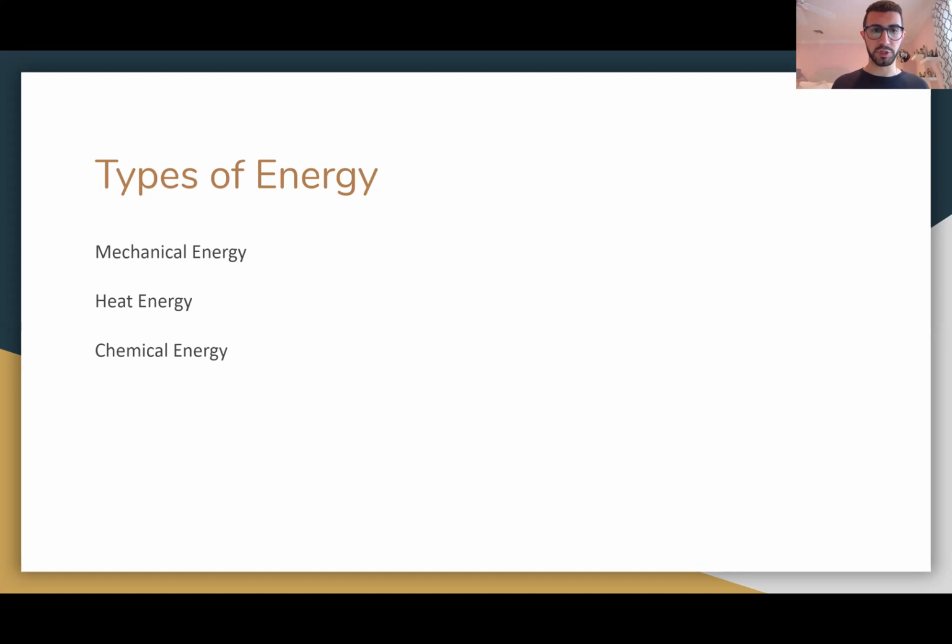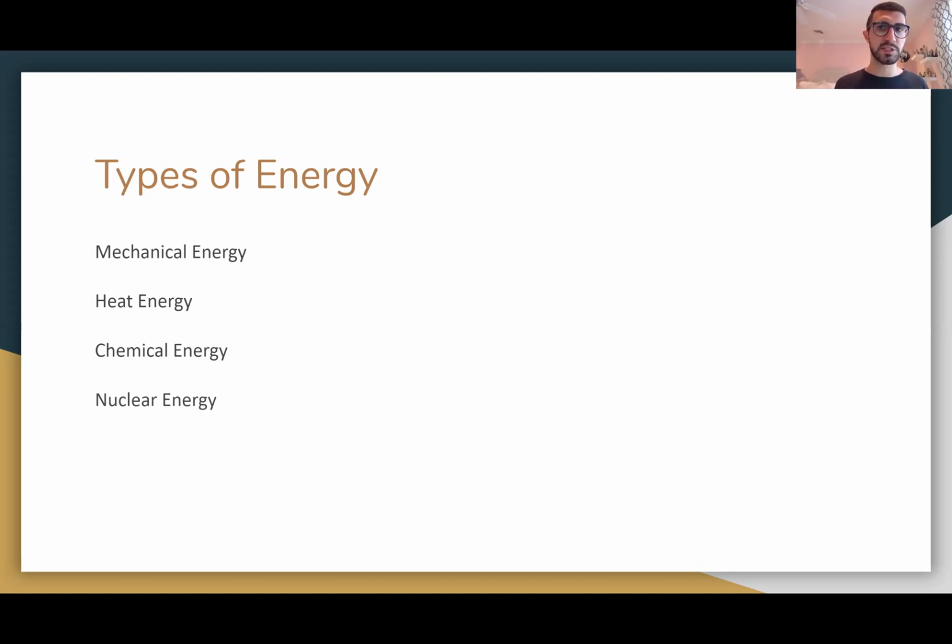There's also chemical energy, the energy stored in chemical bonds. Well, what is a chemical bond? It is the relative position of the electrons of two atoms. So again, it has to do with the position of these particles. And similarly, nuclear energy is the energy that's stored in the bonds between protons and neutrons.